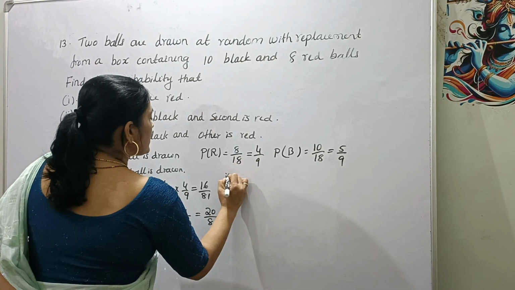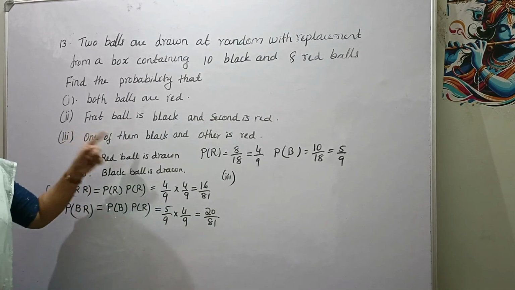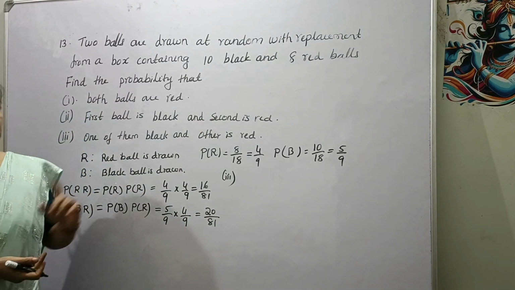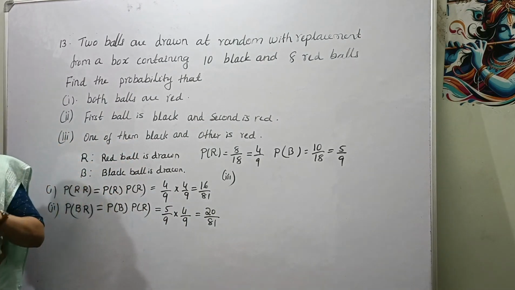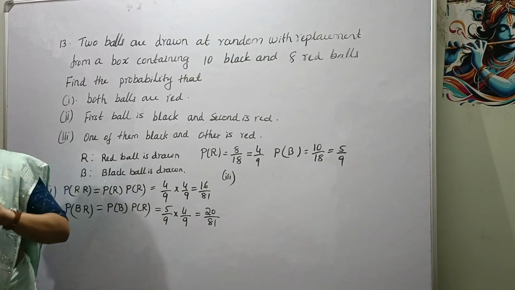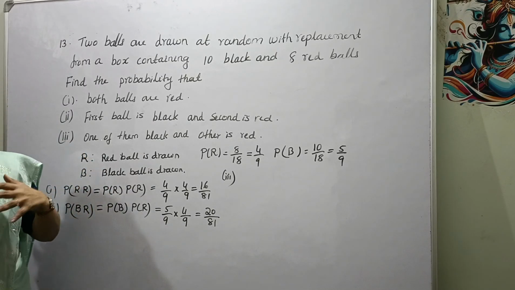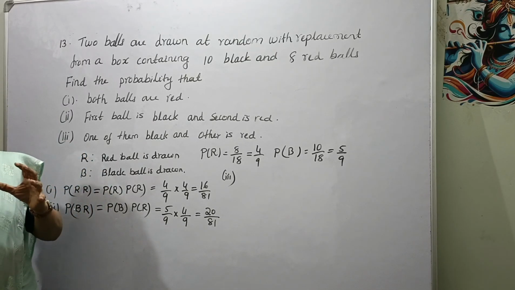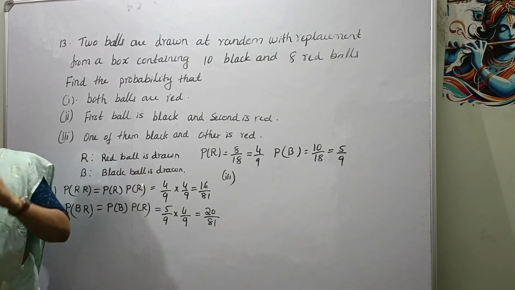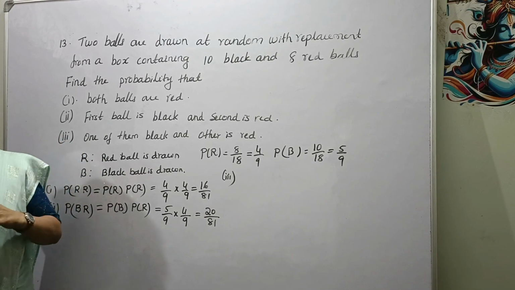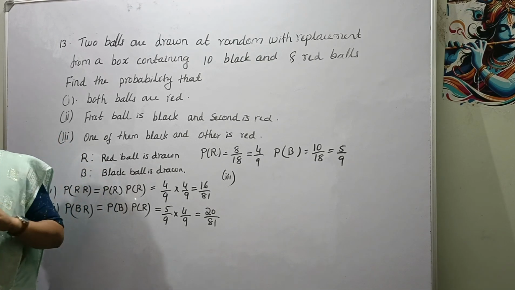Next, the third one: one of them black and the other is red. See, in the third one, it is not mentioned which is first and which is second. Right? So, here two possibilities are there. One is first ball is black, second is red, or first is red, second is black.